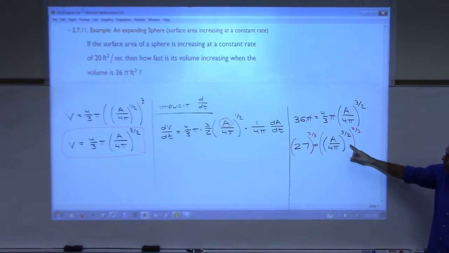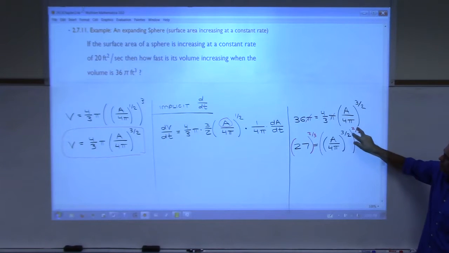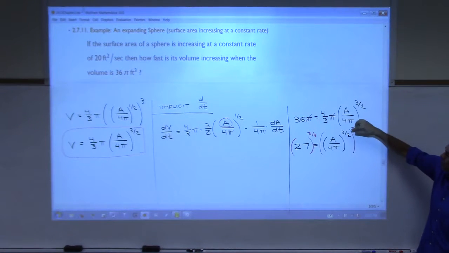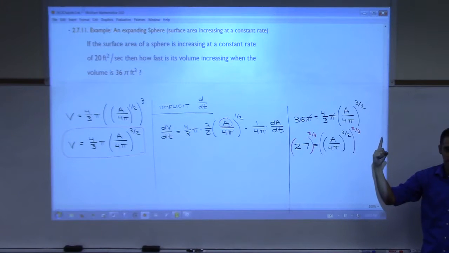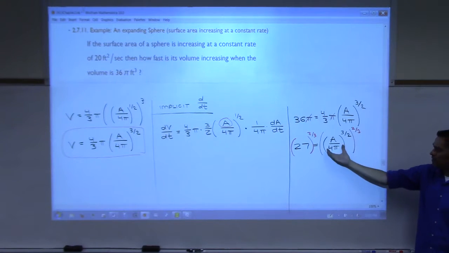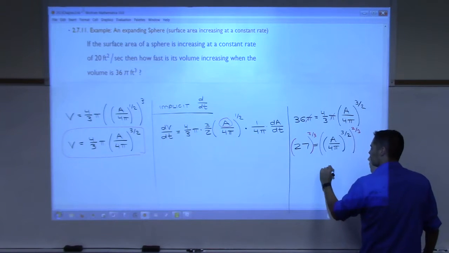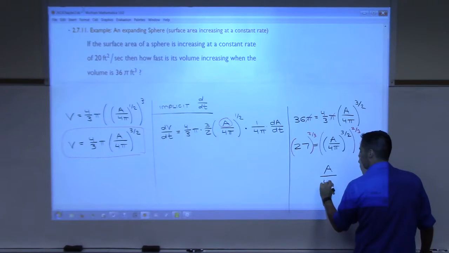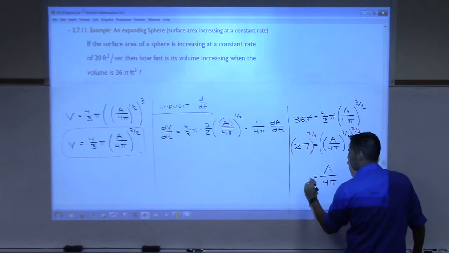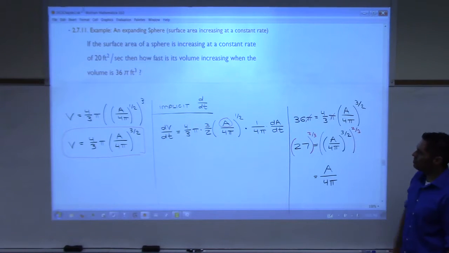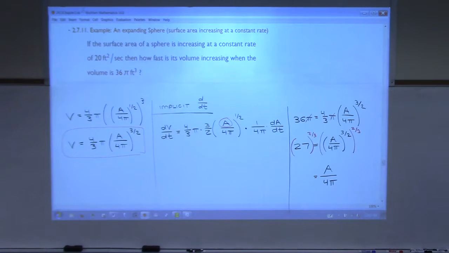That's right, because you use the property of something raised to a power, you multiply those powers. And if I multiply a fraction by its reciprocal, I just get a 1. And that's going to be this to the 1 power, so it's just A over 4 pi. Was I being truthful when I told you it's going to get a little harder? Okay. On this side, though, what does that mean? What does 27 raised to the 2/3 mean?